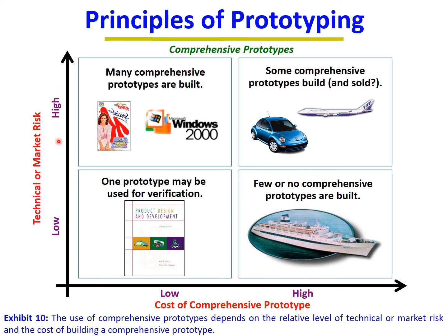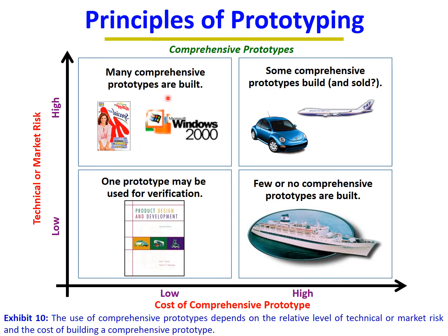But if the risk is high and the cost of prototyping is low, then we can build many comprehensive prototypes. So software, packages, food products which are low cost food products, right? Because the risk is high, if anything goes wrong, then a lot of backlash from the customers can be there. But the cost of the prototype is low, so you can do many prototypes. Now here is the dangerous area, right?